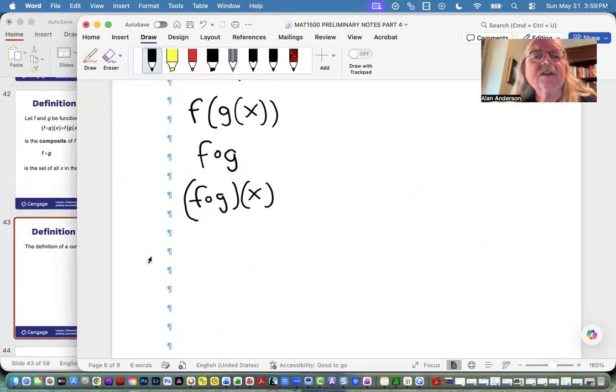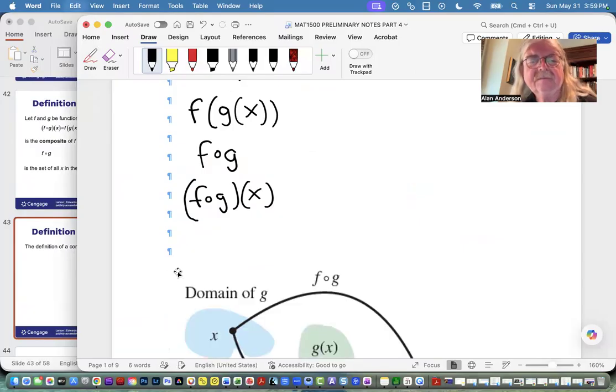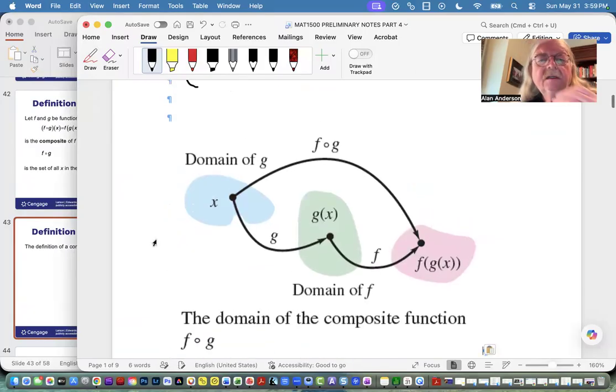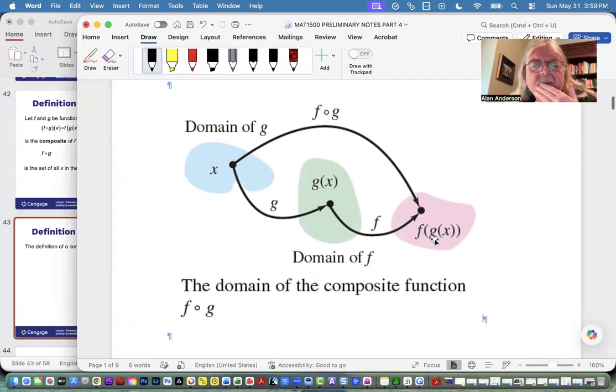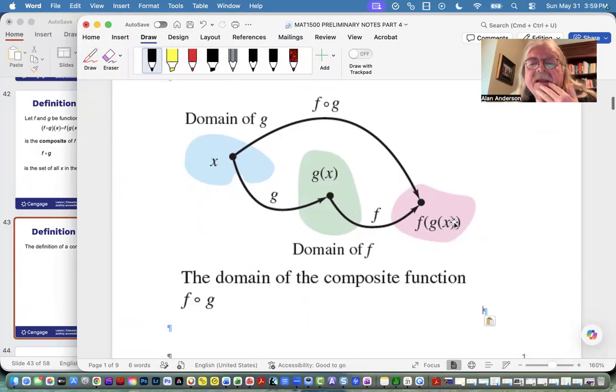What they're trying to tell us is this: the domain of g is x, the domain of f is g of x, and when we bring them together, we end up with the domain of the composite function. This will make a lot more sense when we do some specific examples, so let's hang on to this for a bit.